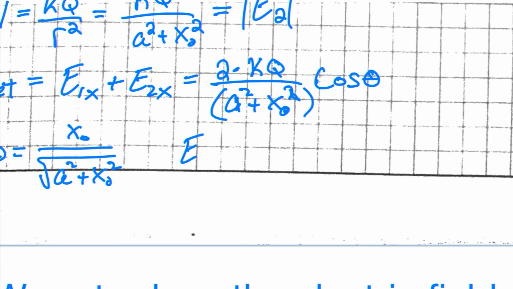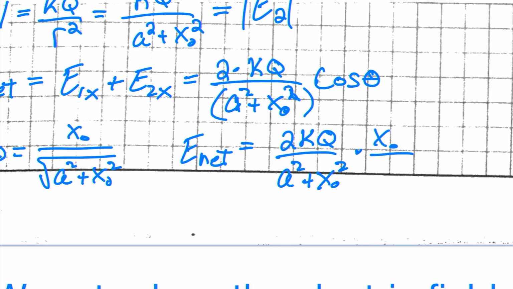So our net electric field is going to be 2kq. I'll have a squared plus x naught squared on the bottom, and I'm multiplying that by x naught over the square root of a squared plus x naught squared.